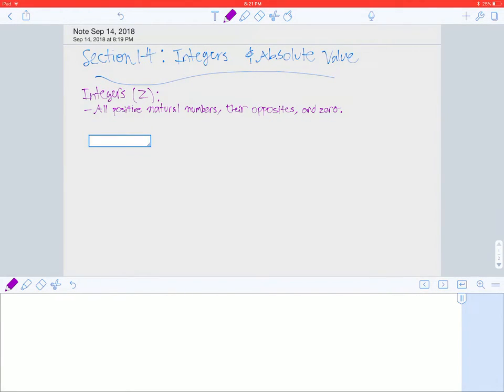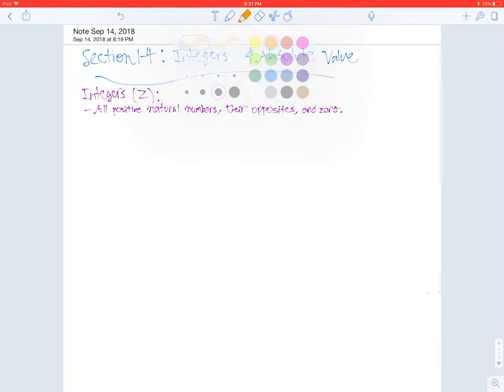So these are what integers are. So it's important to take note about that. It's important.